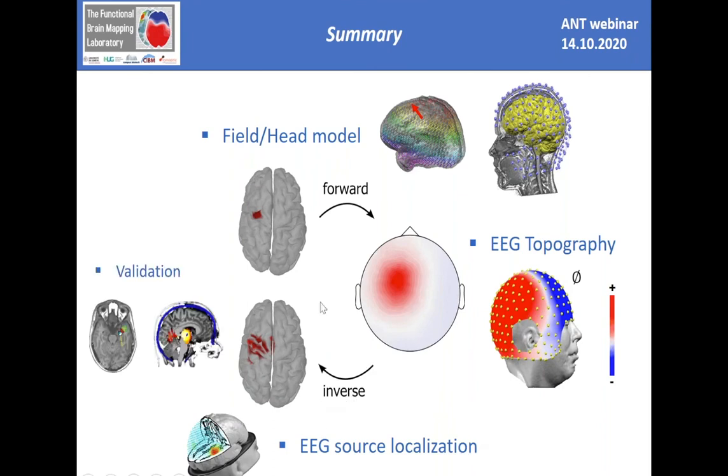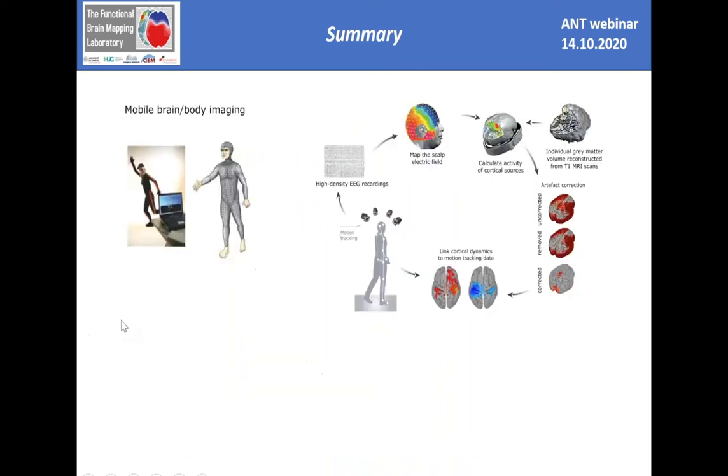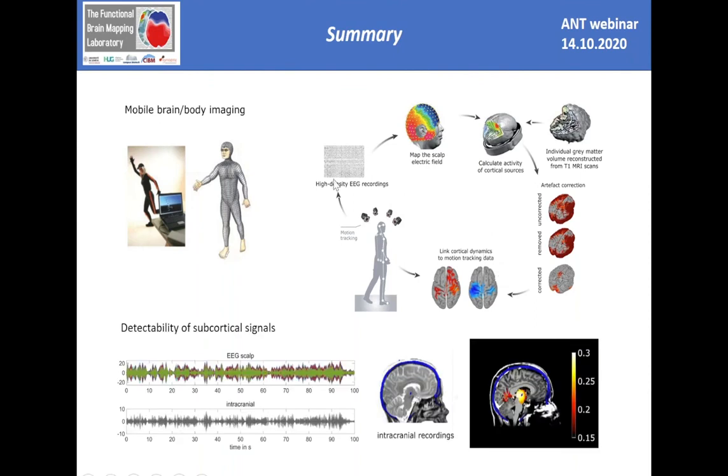In the end, we also talked about validation, where you can compare ground truth electrical signals with non-invasively reconstructed signals. As an example, I mentioned this research line in mobile brain imaging, where I showed beta suppression and low gamma modulation having different roles. And we also discussed that it is indeed possible to detect subcortical signals from non-invasive recordings.